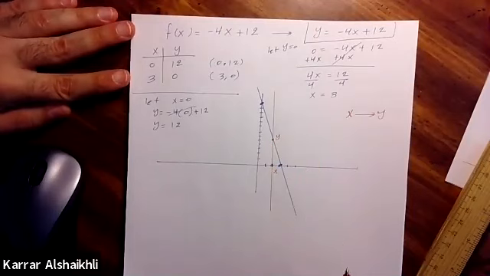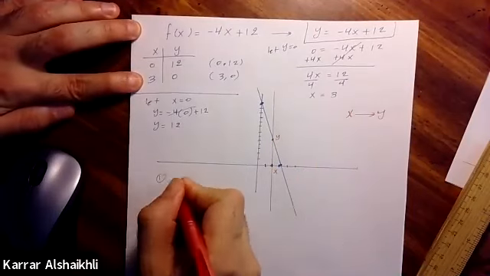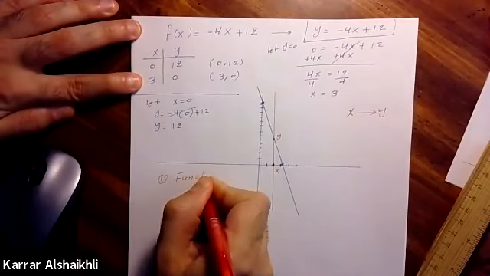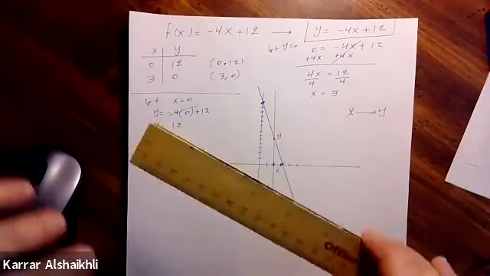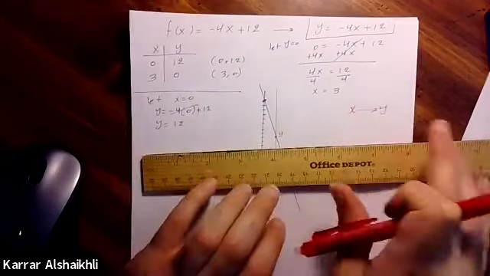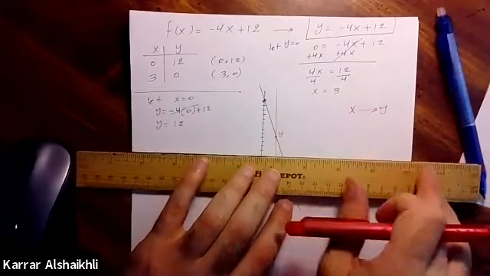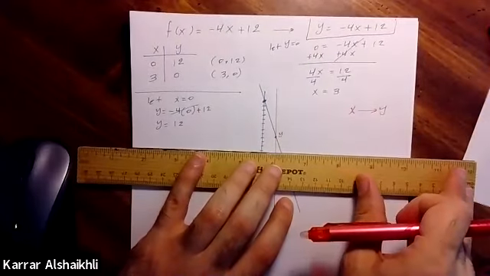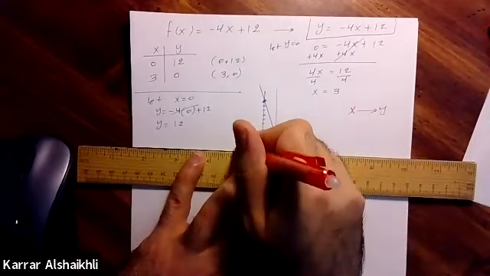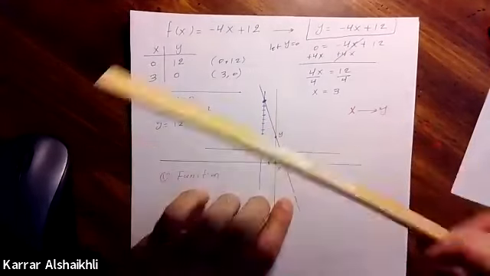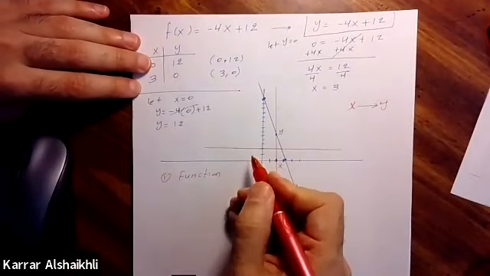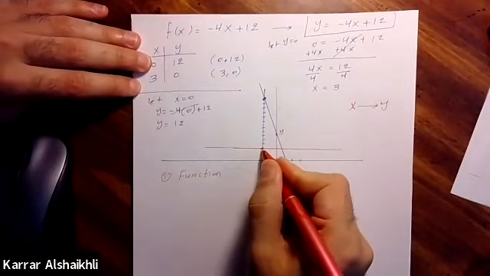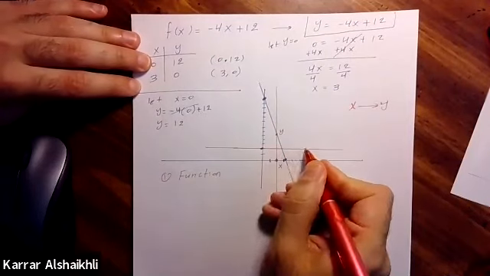So the first condition is satisfied, it's a function. The second thing we have to do is the horizontal line test. Graph any horizontal line here. Let's do one here. Now check this. At this y, let's follow the line to the graph.